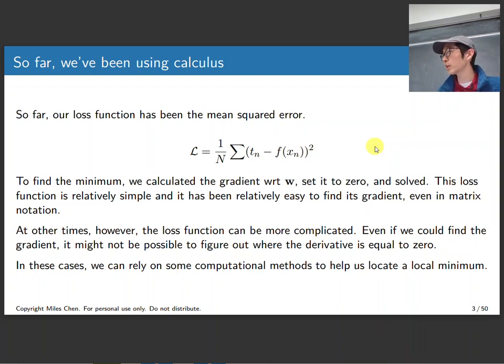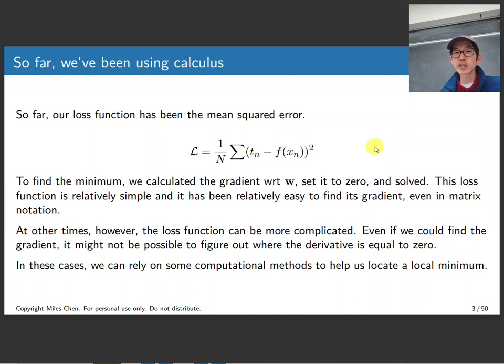We're going to take a slight departure from that for the time being, and introduce an optimization algorithm called gradient descent.